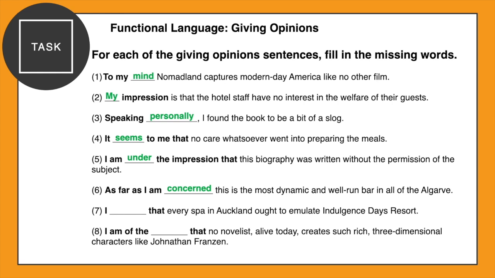Number 7. I believe that every spa in Auckland ought to emulate Indulgence Days Resort. And number 8. I'm of the opinion that no novelist alive today creates such rich, three-dimensional characters like Jonathan Franzen.